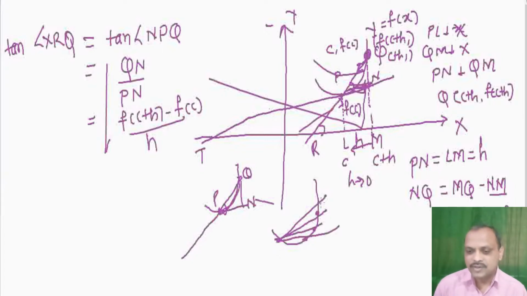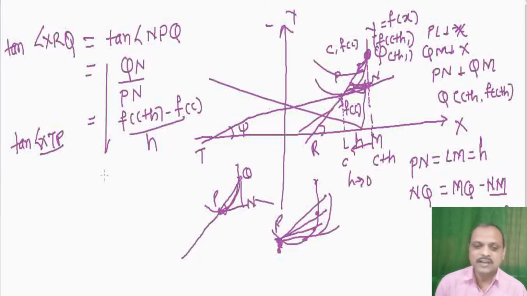Whenever we approach this point P, this angle XRQ becomes the angle XTP. Suppose this angle XTP is psi.